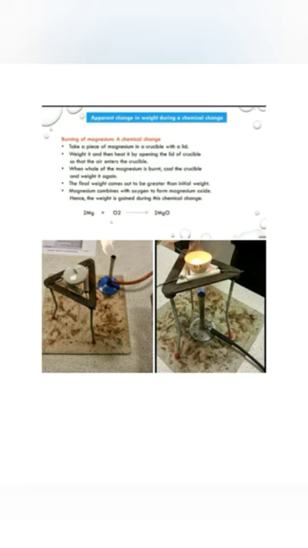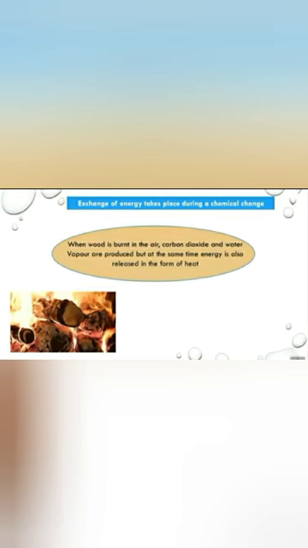Magnesium reacts with oxygen to form magnesium oxide. When magnesium is burned completely, cool the crucible and weigh it again. You will find that weight is gained by magnesium after burning. Hence, weight is changed.